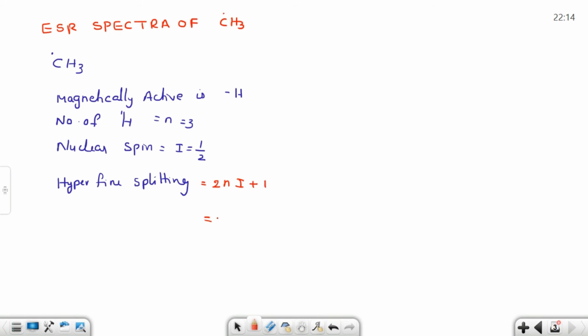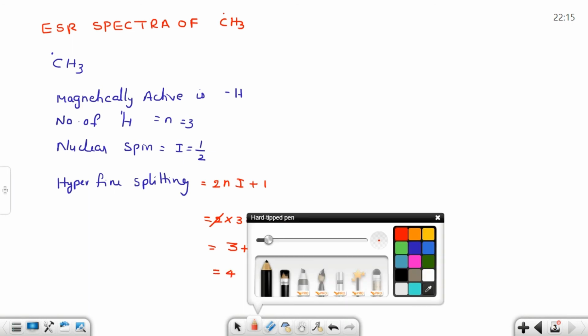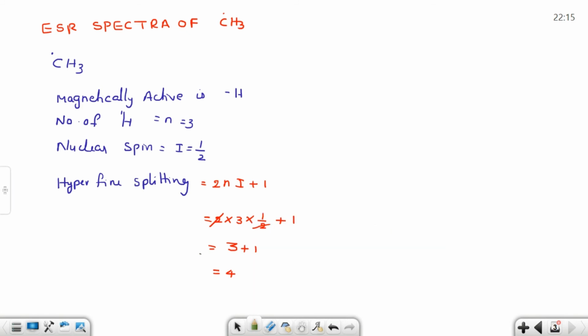Here n is the number of protons, which is 3, and I value of a proton is 1 by 2, so 2 into 3 into 1 by 2 plus 1. The 2 gets cancelled, 3 into 1 is 3, plus 1 gives 4. So the ESR spectrum of the methyl radical is a quartet.